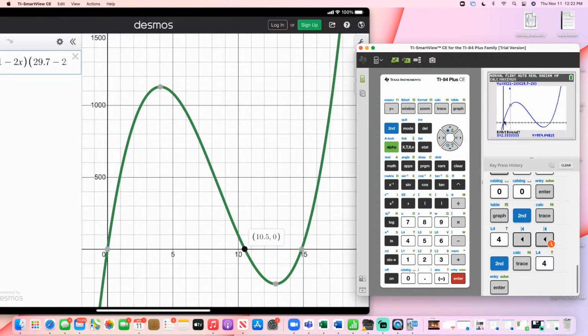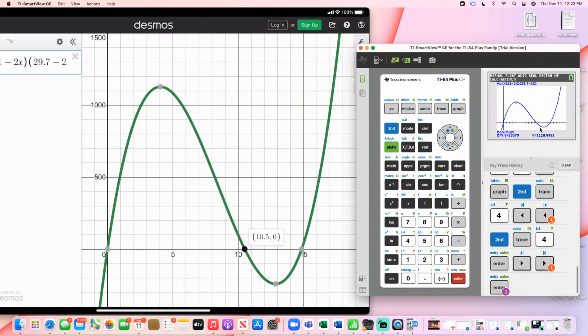And you see this dotted line? It tells you from which interval they're gonna look for the maximum. So you're gonna go to right here, and you're gonna click enter again, and it says, okay, I'm gonna look for the maximum between those two lines. And then they say guess. I don't know why they do that. They want you to press enter again, so you have to press enter 3 times to get 4.402. So you got a maximum.